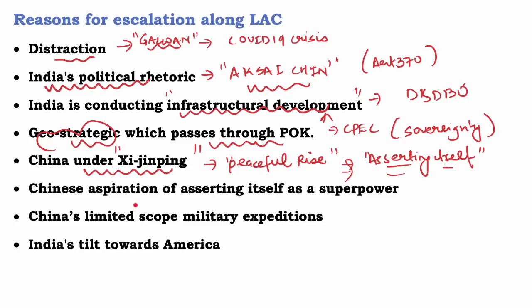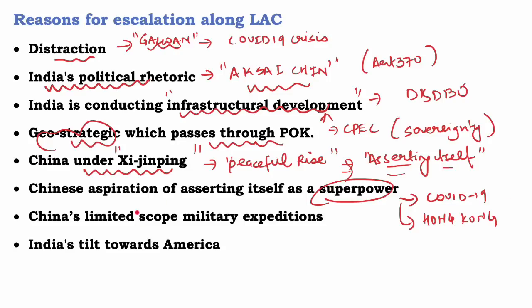Now, the next reason that can be highlighted is the Chinese aspiration of asserting itself as a superpower. And this has been reflected not only with the border incursions in the LAC area, but also with the COVID-19 crackdown in China itself, and also with the crackdown that has happened in Hong Kong in recent years.